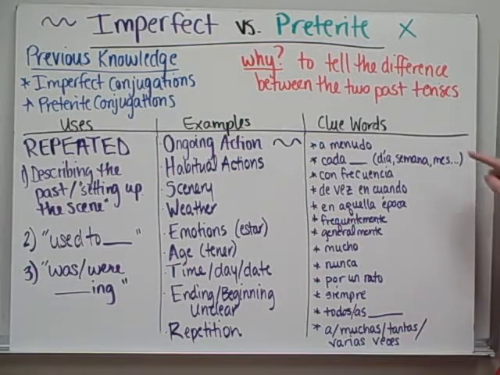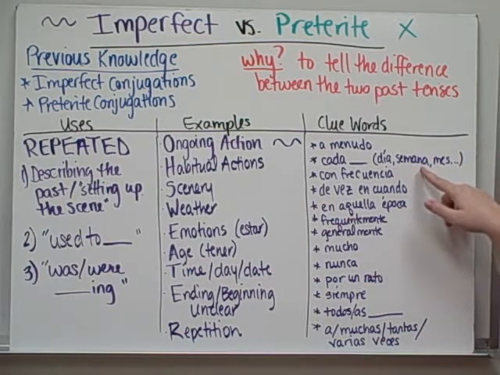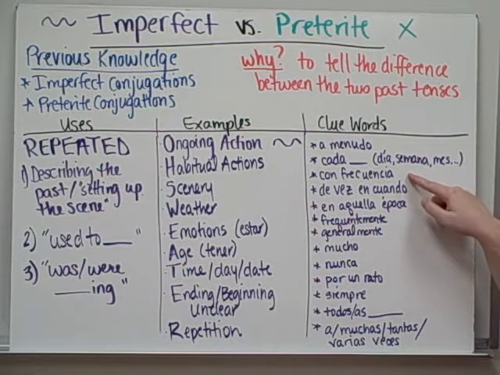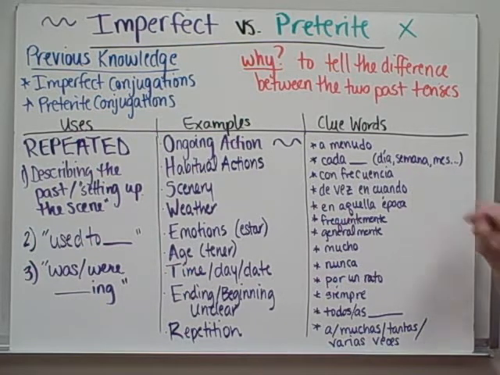Now, as for clue words, if you see these words, it is probably imperfect. A menudo, cada día, cada semana, cada mes, con frecuencia, de vez en cuando, so from time to time.